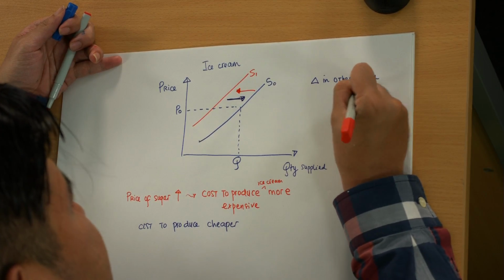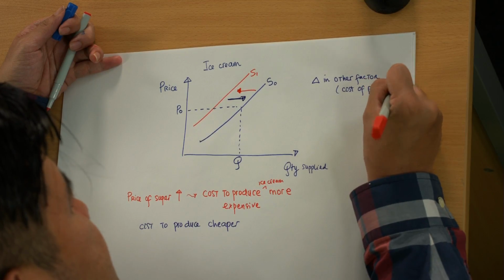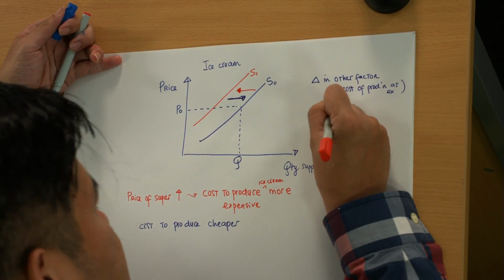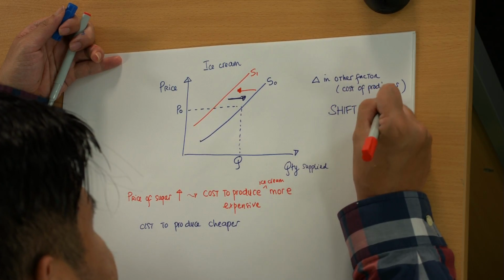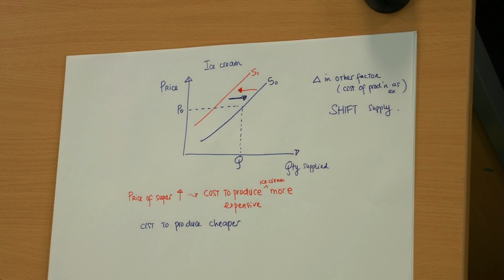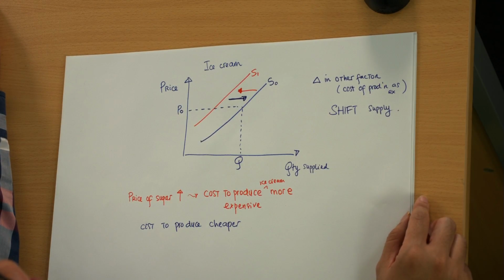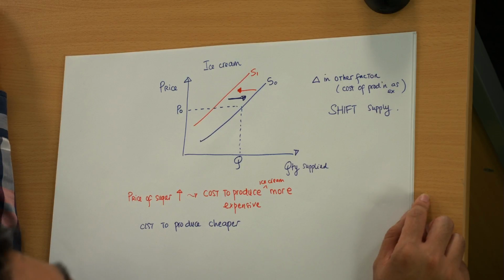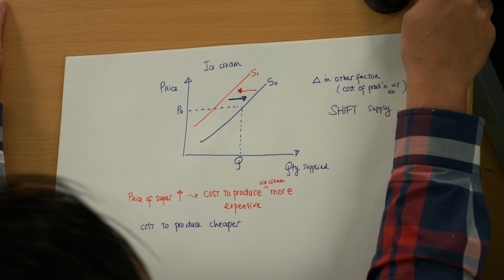In this case, we are talking about cost of production, for example. You shift the supply curve. All right. Copy that. Okay, let's switch back to the PowerPoint presentation.